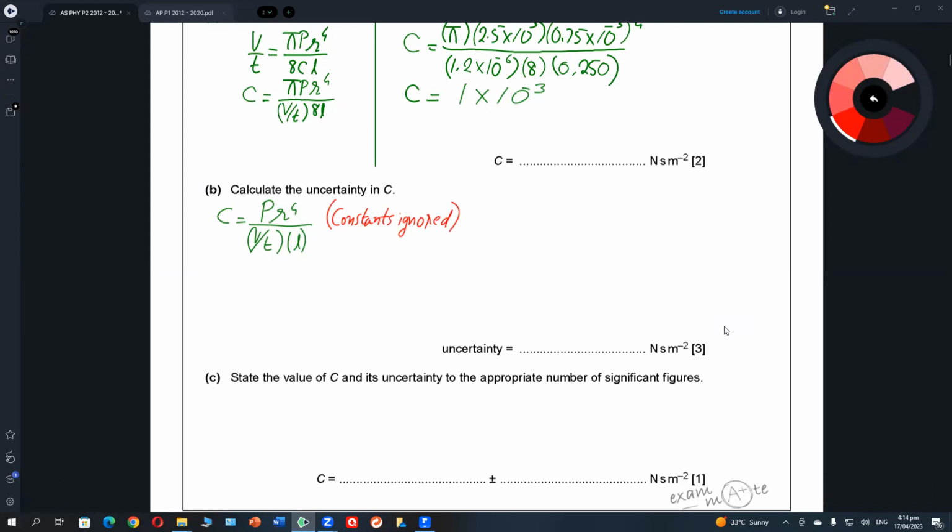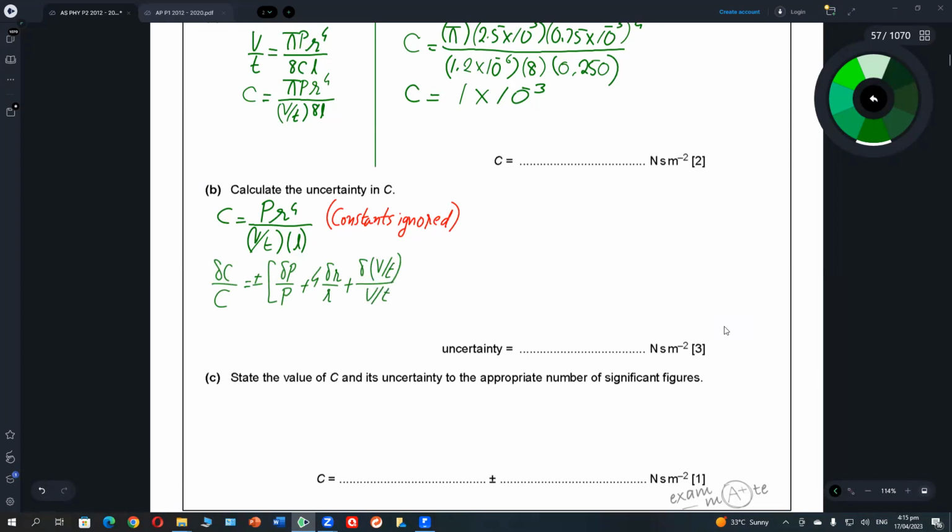We have ignored the constants. First, write down the formula.